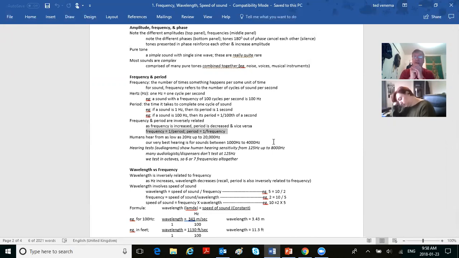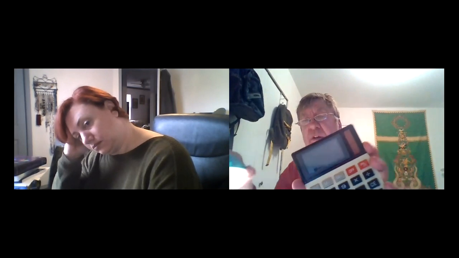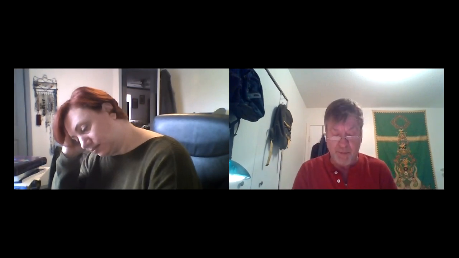Period equals 1 over the frequency. Period equals 1 divided by 1,000. Here, I'll get my calculator and see if I can figure that out. 1 divided by 1,000 equals, okay, you can't see that because my calculator is hard to read, but it says 0.001. So basically period is 1 over frequency. Frequency is 1 over the period.